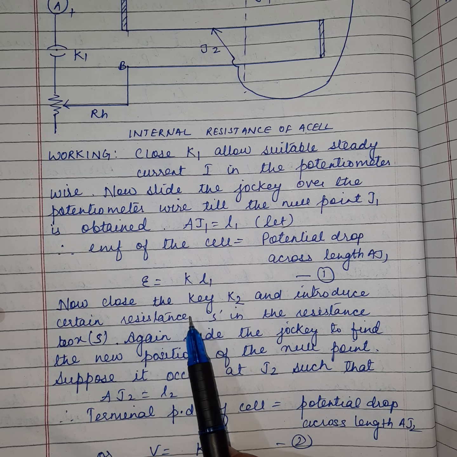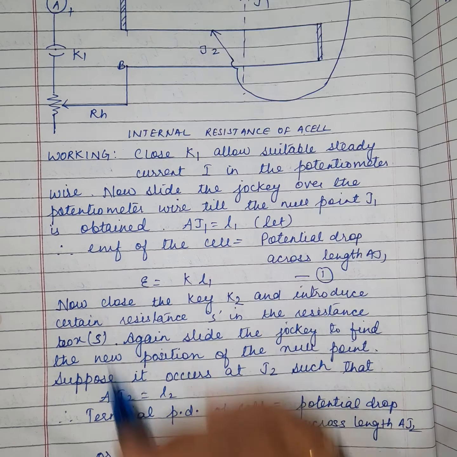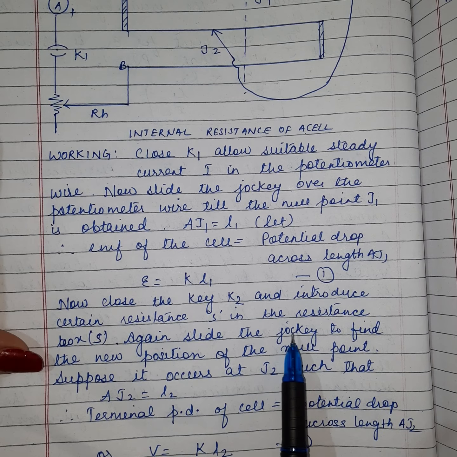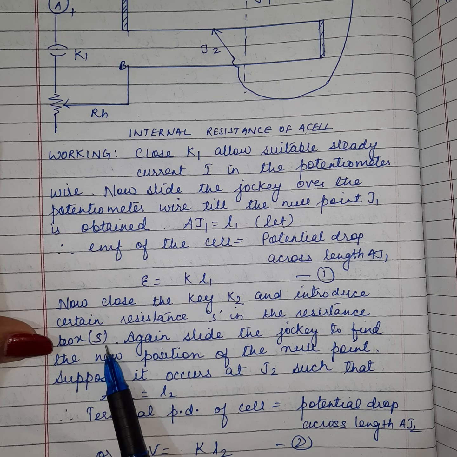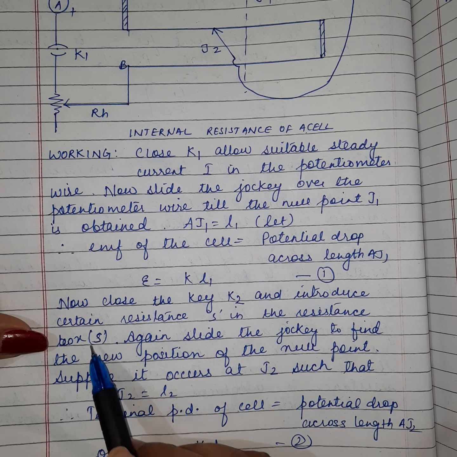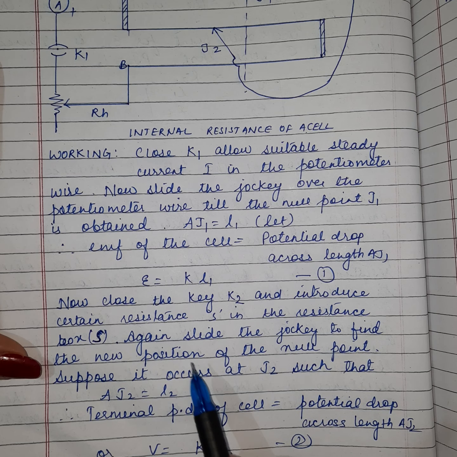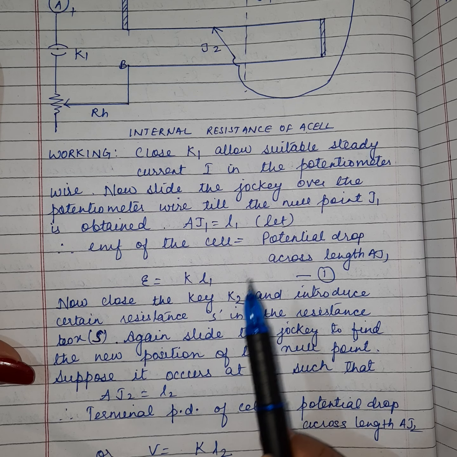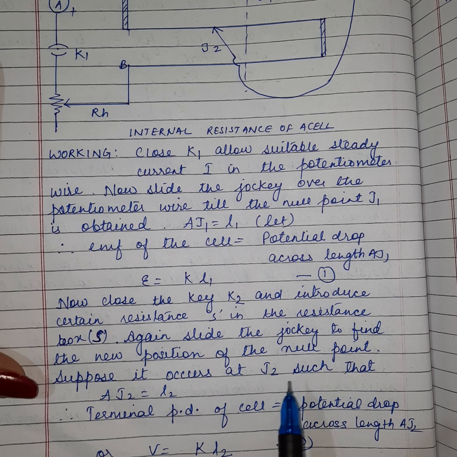Now we'll close the key K2 and introduce a certain resistance S in the resistance box capital S. This is small s, the shunt resistance, and we have named the resistance box as capital S. And again the jockey is slid over the wire and a new null point is obtained.